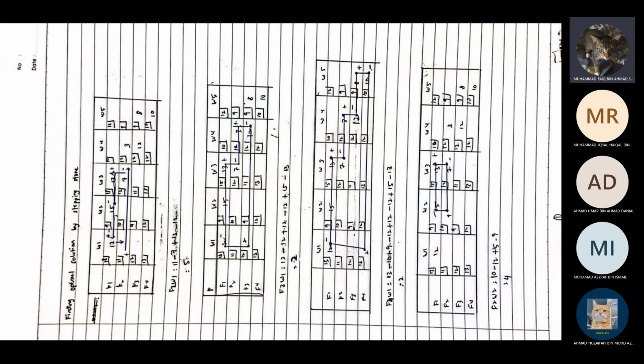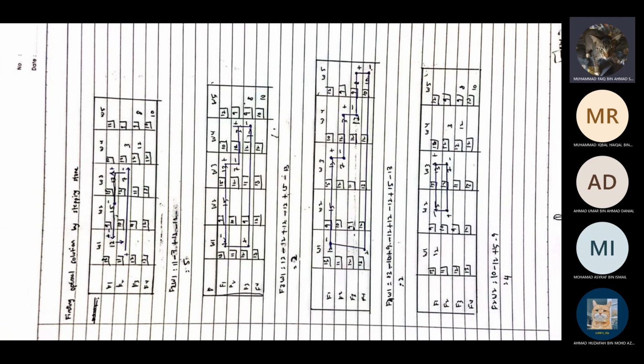A pair of consecutive used cells lies either in the same row or the same column. Once the loop is created, assign plus or minus signs alternately on each corner cell of the loop, but begin with the plus sign for the unoccupied cell.